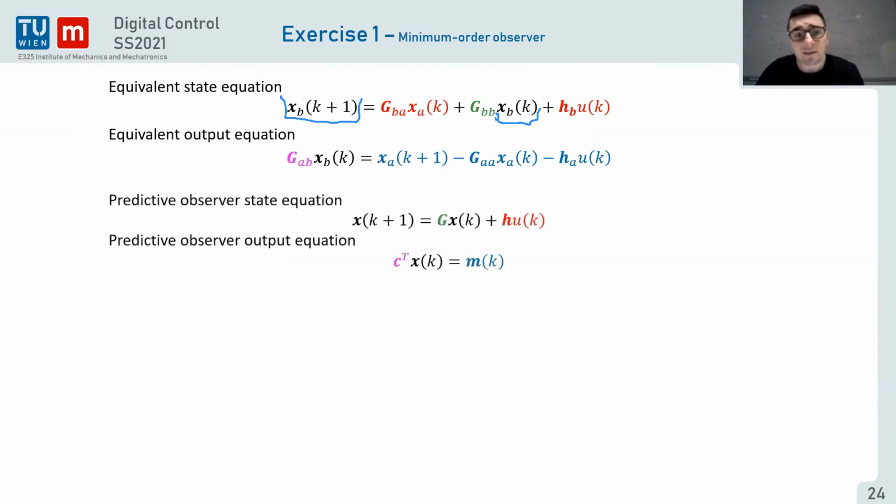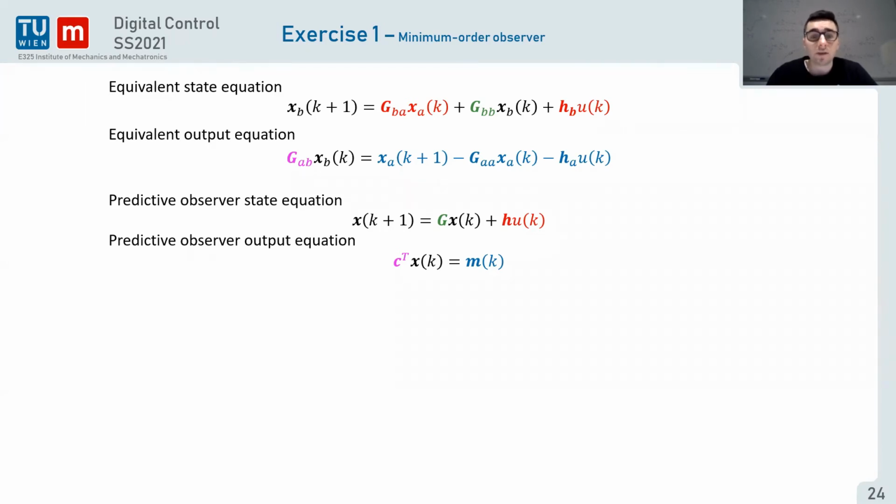And if you remember last time when we were designing this predictive observer, we had the predictive observer state equation, which is just the system state transition equation, and an output equation, which is just our system output. Now if we look carefully at all the colors, if we take the first equation, xB of k+1 is equal to something times xB of k, and JBB is more or less a state transition matrix associated with the unmeasured states, and everything in red can be seen as H times u of k.